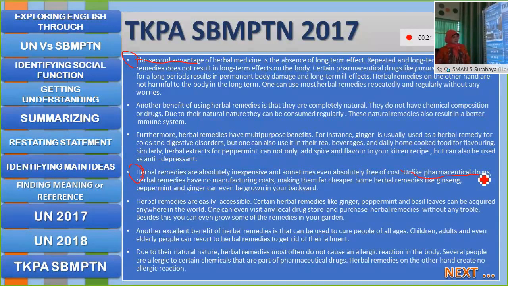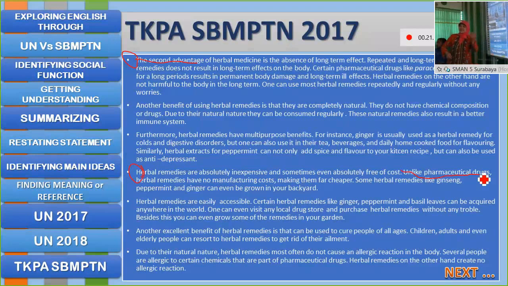means there is the comparison of herbal medicines and pharmaceutical drugs. What do you think about? It is not clearly stated there, right? But you must think deeper about it. So, unlike pharmaceutical drugs, herbal remedies have no manufacturing cost.